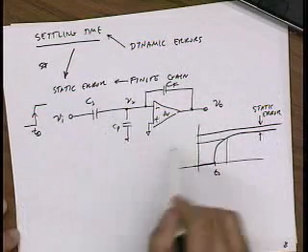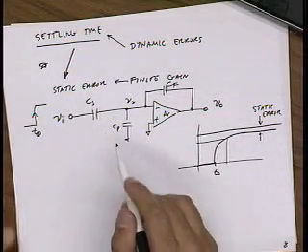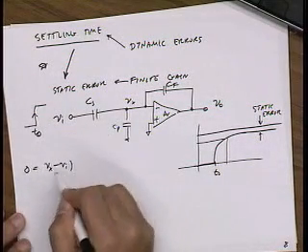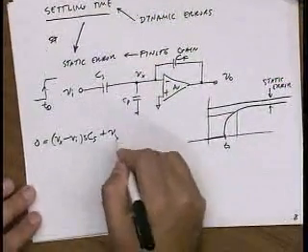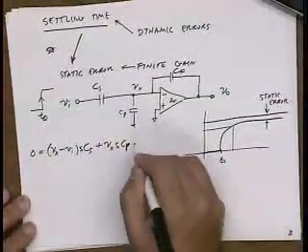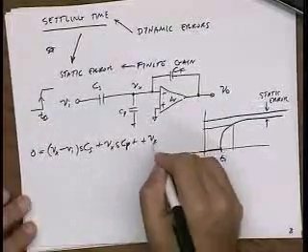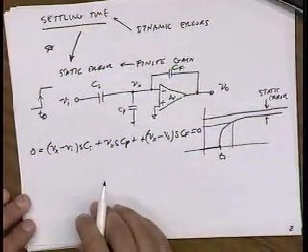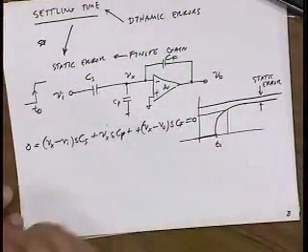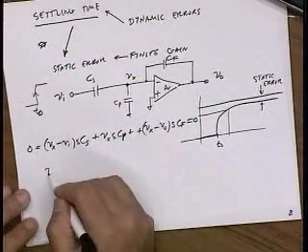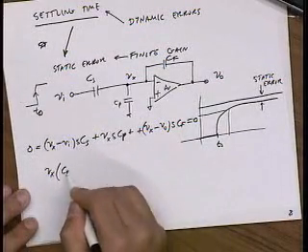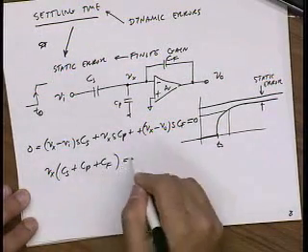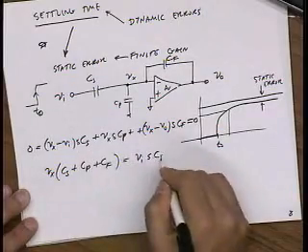Well, we just analyze the circuit. It's pretty simple. Let's do KCL at this node. So I would have (Vx minus Vin)sCS plus Vx sCP, the parasitic, plus (Vx minus Vo)sCF equal to 0. So let me just write this as Vx times (CS plus CP plus CF) equal to the input voltage times sCS.